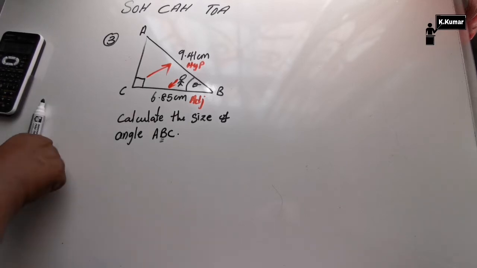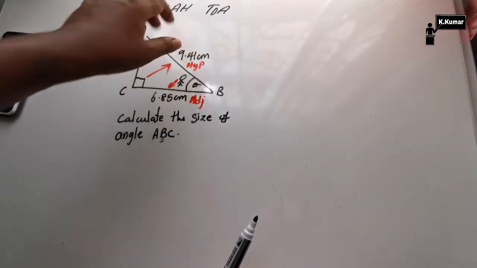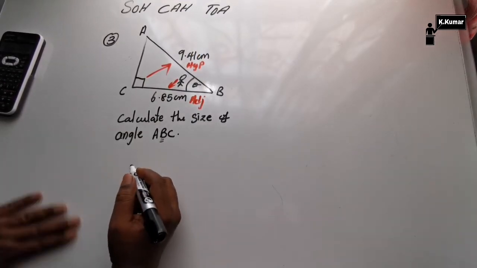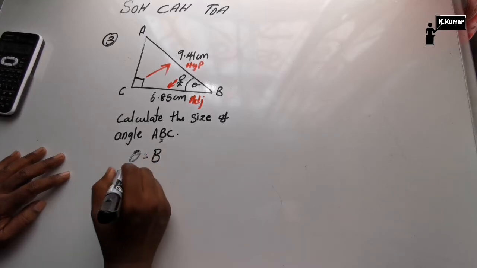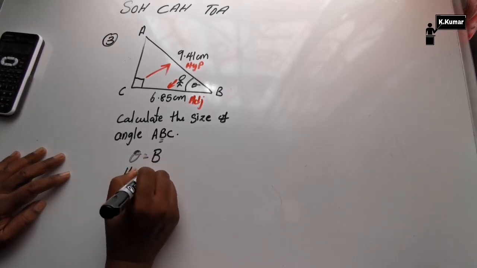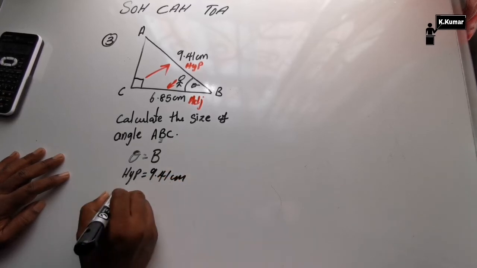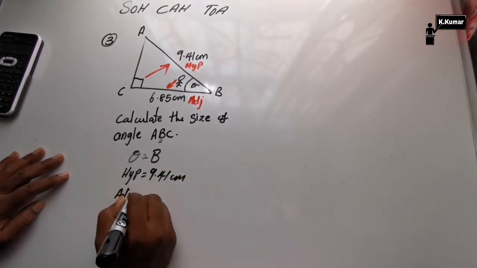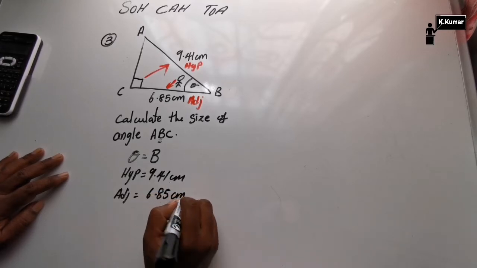So we have to find one of the ratios that carry adjacent and hypotenuse, and that would be cosine. So let's see what is given. Theta is equals to B. The hypotenuse is equals to 9.41 cm, and the adjacent side is equals to 6.85 cm.